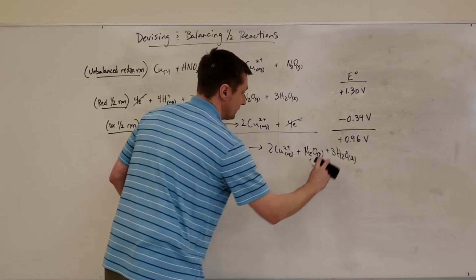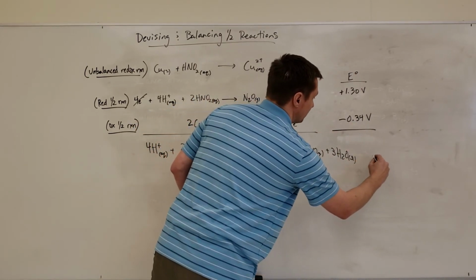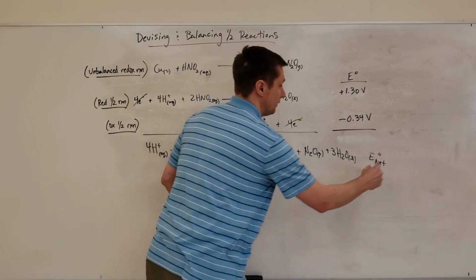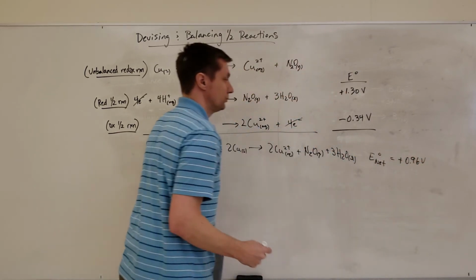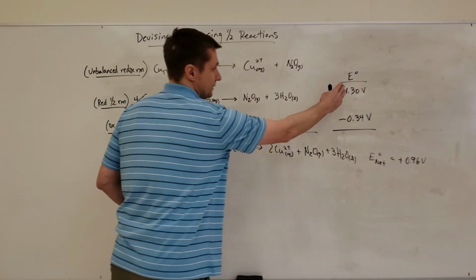And I'm going to rewrite this over here. I can do the math for that, and my electrical potential, which I just write as my E net, is going to be a positive 0.96 volts. And I got that number from these two numbers here.